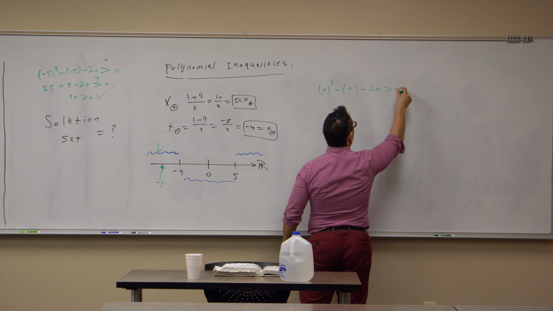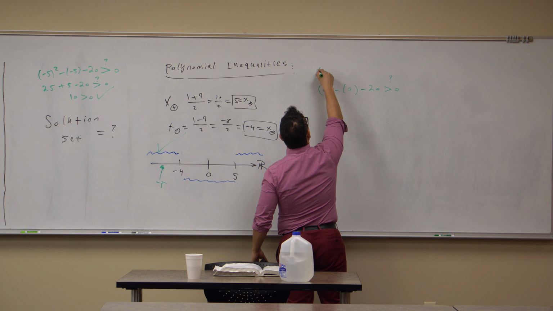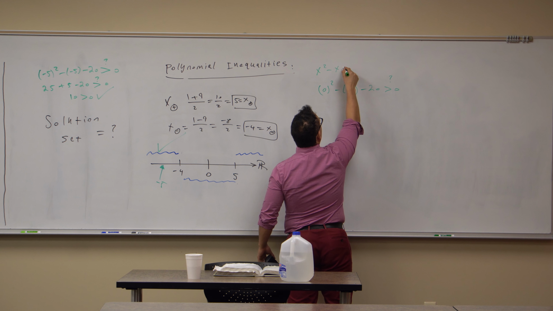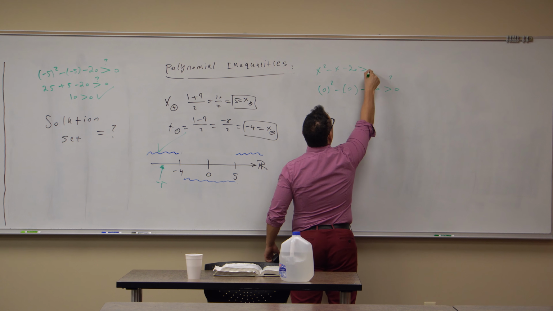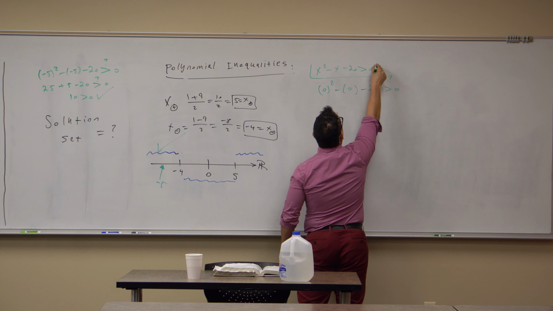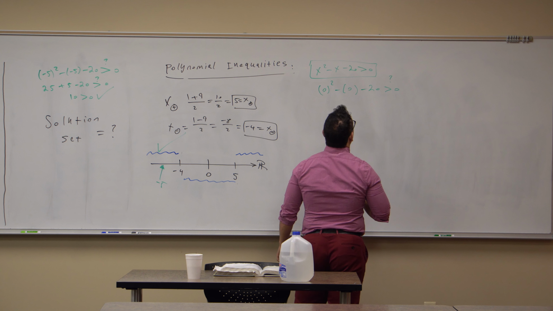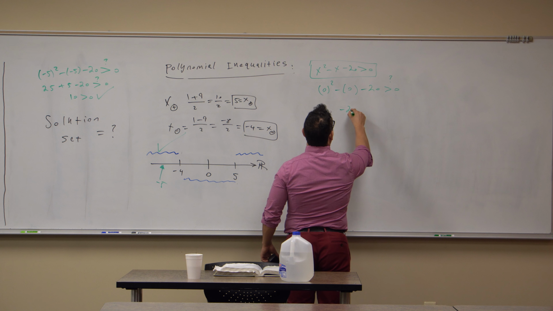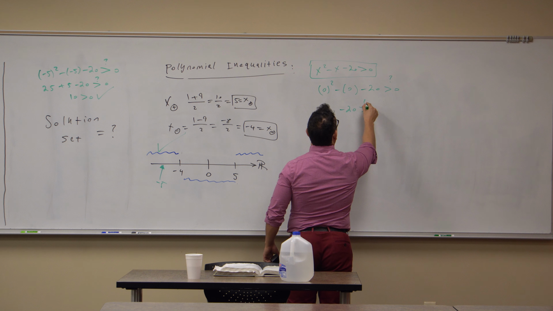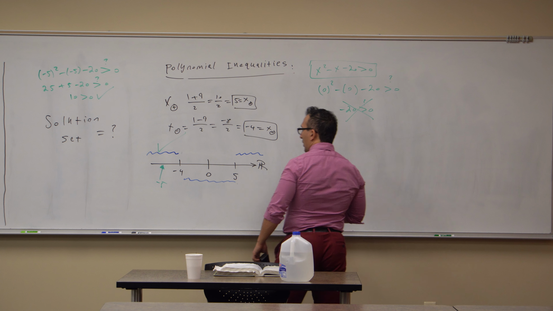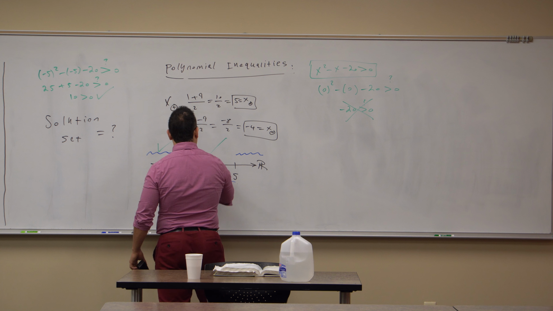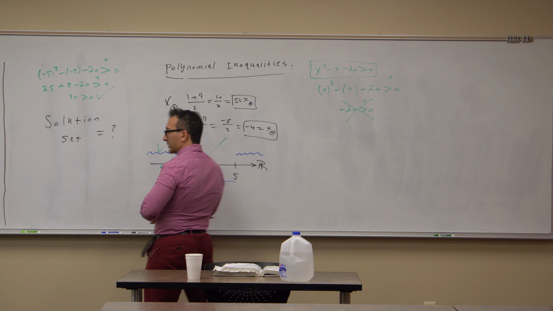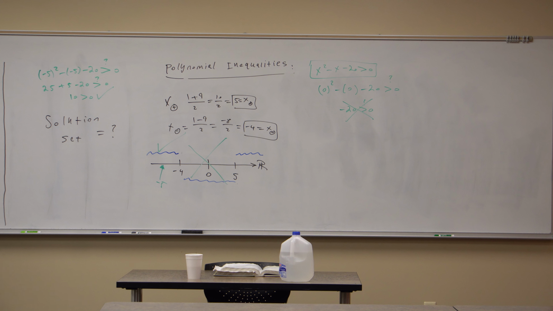Is this greater than 0? Because our original function was x squared minus x minus 20 is greater than 0. This was our original that I erased. Okay, so is this value true? Indeed, it is not, because now we get negative 20 is greater than 0, and that is not a true statement. So this middle part does not work. So we don't want to have that part included.